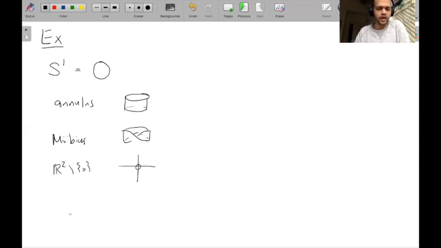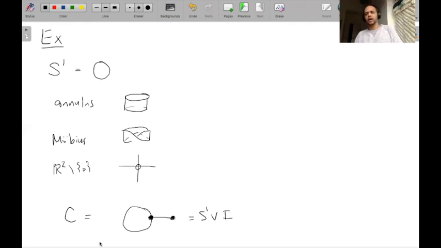Let me give you one more actually. Let's say C was the space that was on the midterm. This is the circle wedge an interval. On the midterm, for example, you showed that these spaces C and the circle are not topologically equivalent, but in fact, they are homotopy equivalent.